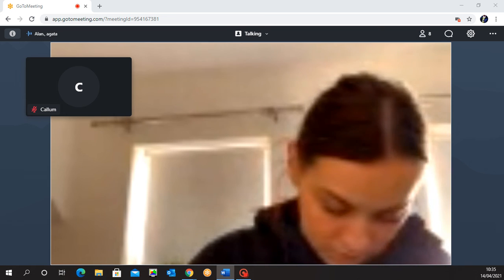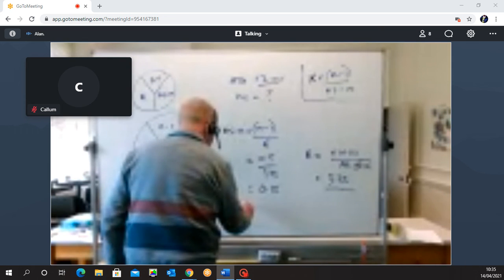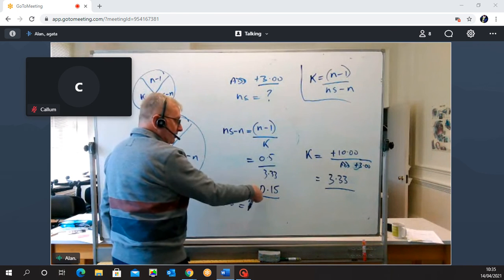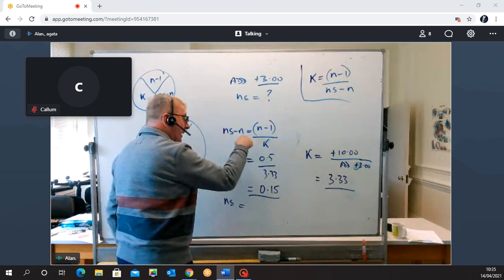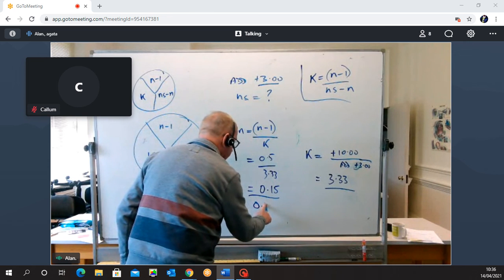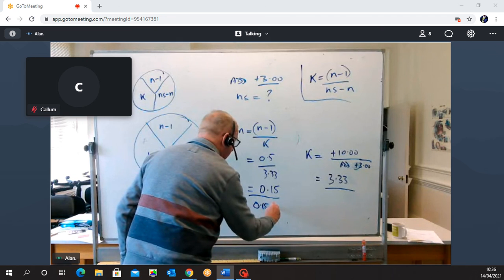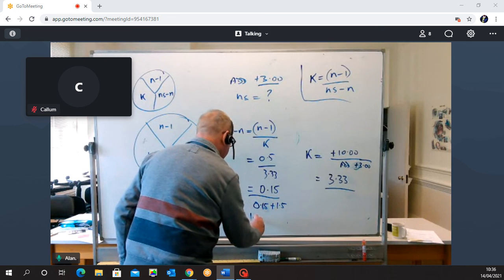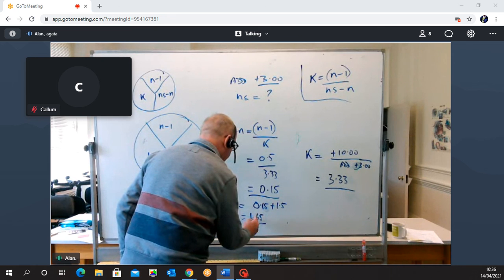So that is ns minus n, and ns on its own, if ns minus n is equal to that, ns on its own must equal that plus n. So it's 0.15 plus 1.5, which is 1.65.